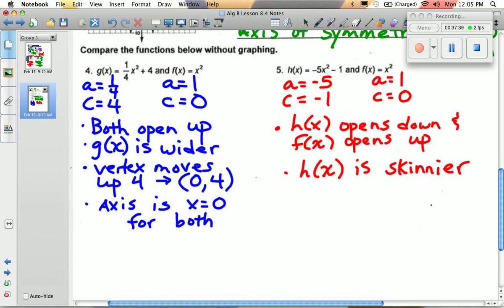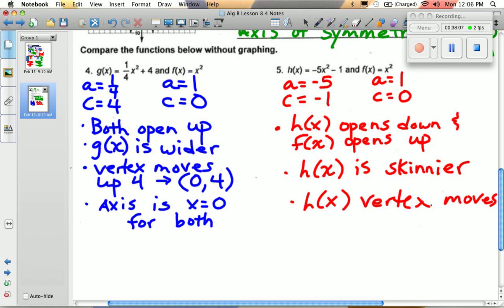Okay, C value. Does the vertex stay the same? No. Are both vertices at 0, 0? No. The h of x vertex moves down.